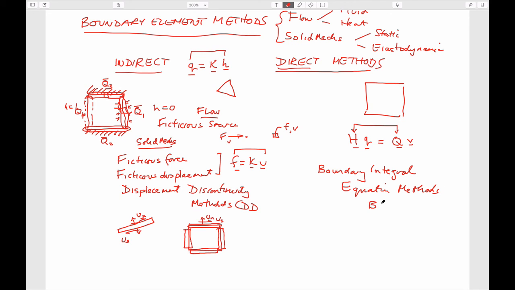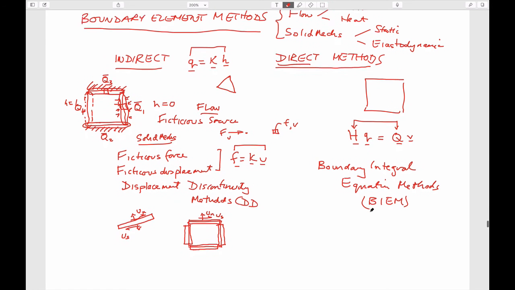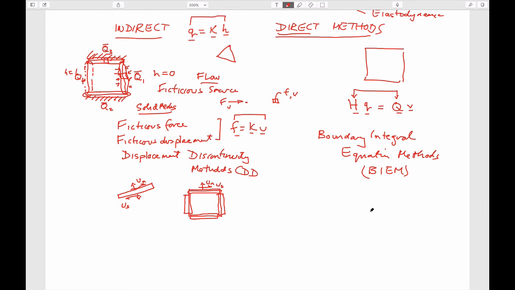Sometimes by the acronym BIEM, not surprisingly. So, we'll talk a bit about those if we get that far, and we probably will actually. So two basic classifications: indirect and direct. Indirect because you solve indirectly for the unknown boundary condition by going through this intermediate part where you get the source strengths and you then apply those source strengths in a second iteration to give you the complementary conditions.